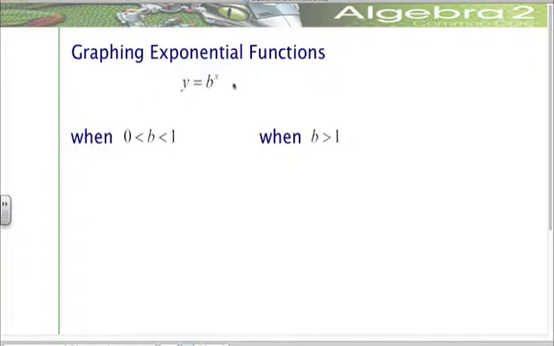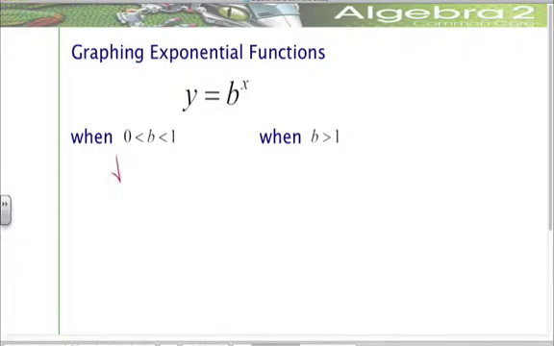Now, when we have this basic form of an exponential function, y equals b to the x power, obviously b represents the base, and x is in the place of the exponent. Let's focus on b. When b is a value between 0 and 1, something specific is going to happen.